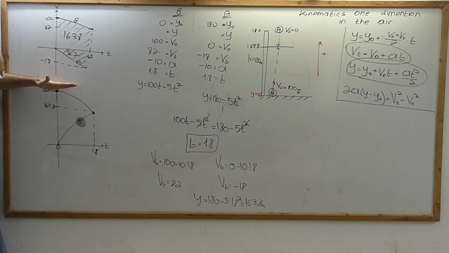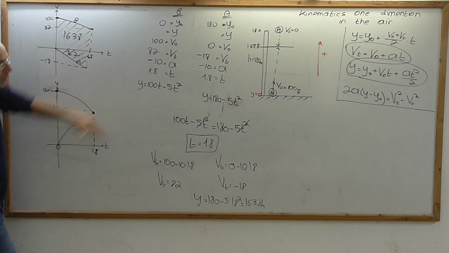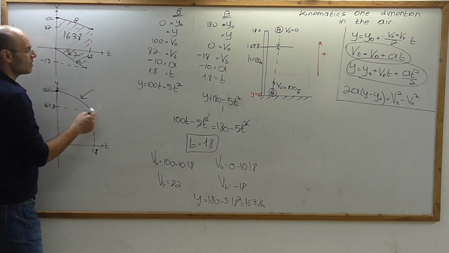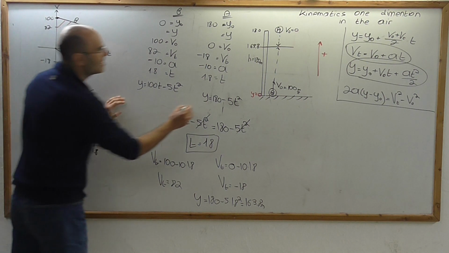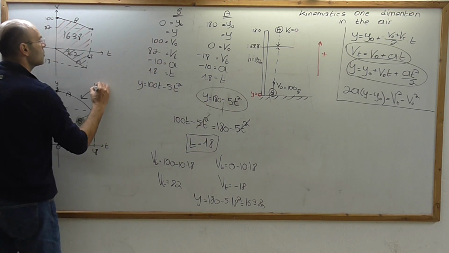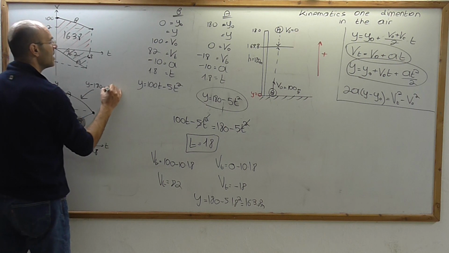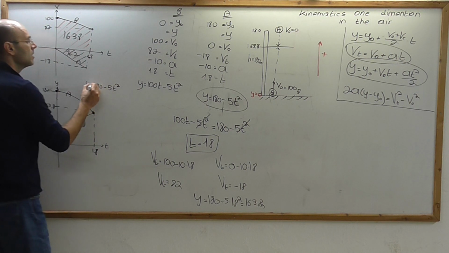The velocity here is 0, no slope. Then the slope is minus 1, minus 2, minus 3, minus 4, minus 18. The equation for this one is 180 minus 5t squared.